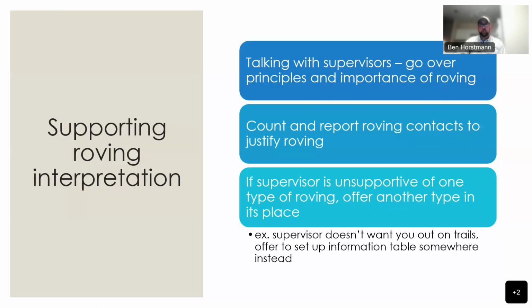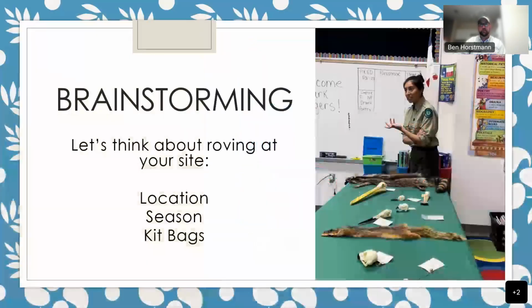This is how we record stuff and how we deal with supervisors. I'm not going to go into that too much. Although I did get a question earlier of how we record our interpretive contacts, and I will go into that if we do have more questions. I'm kind of running out of time here, but I do have some worksheets that I'm going to drop in the chat if I'm really good at it.